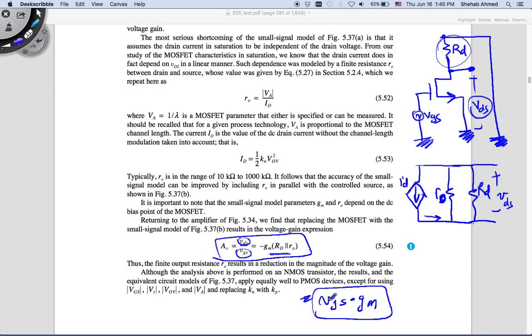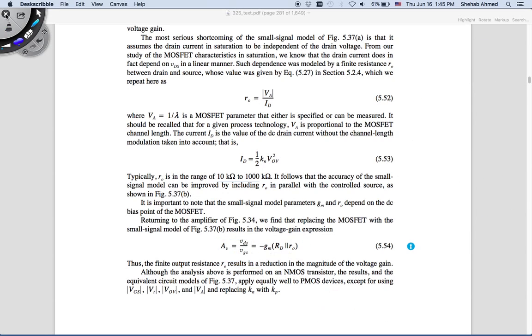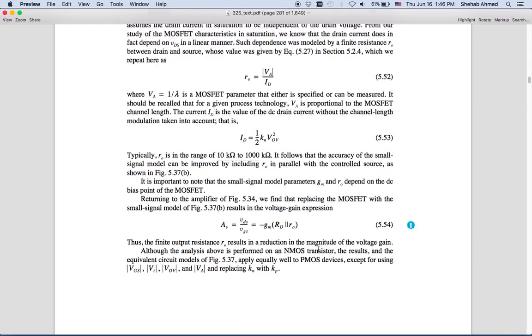That was my current gain due to the small signal originally, when I was not considering the effect of this RD or R output. This was the current gain. And then I wanted a voltage gain. For me to get the voltage gain, I considered RD. But when I considered the effect of early voltage, I also considered the effect of R output. So hence I have these two resistors in parallel controlling my output voltage, or the voltage gain of the device.